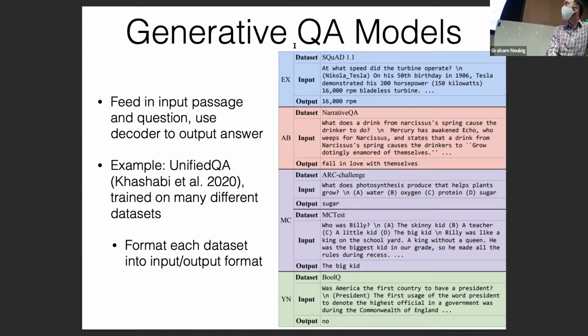What they do is turn a whole bunch of QA data sets into this formulation and train the model on all of them. So it's a single model, a pre-trained encoder-decoder model, T5 in particular, which I've talked about earlier. The nice thing is now you have a model that can solve any of these question types.